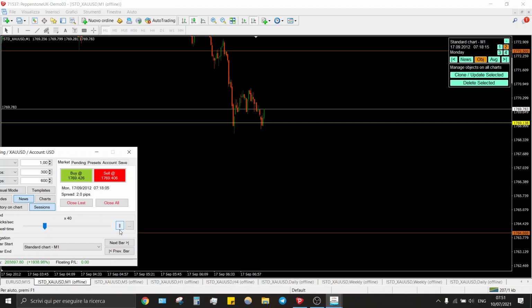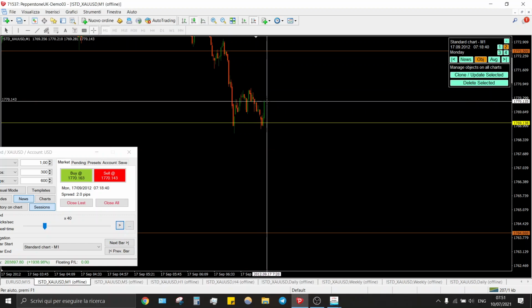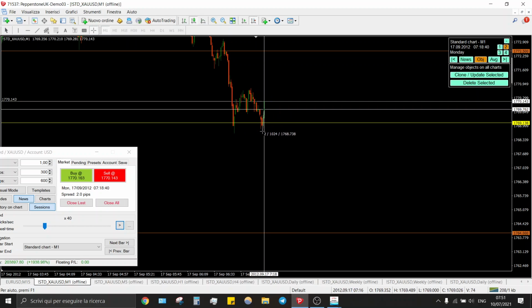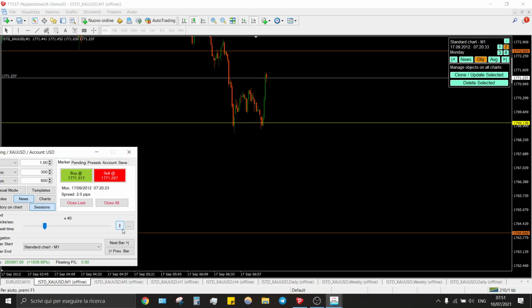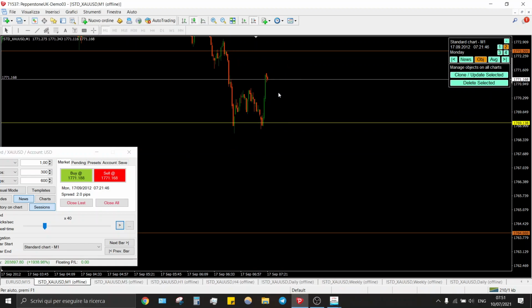Let's see the next one. Okay, the next one went pretty fast above. Let's see if it actually creates a double bottom as we were spotting. Indeed, it did, like 20 pips.